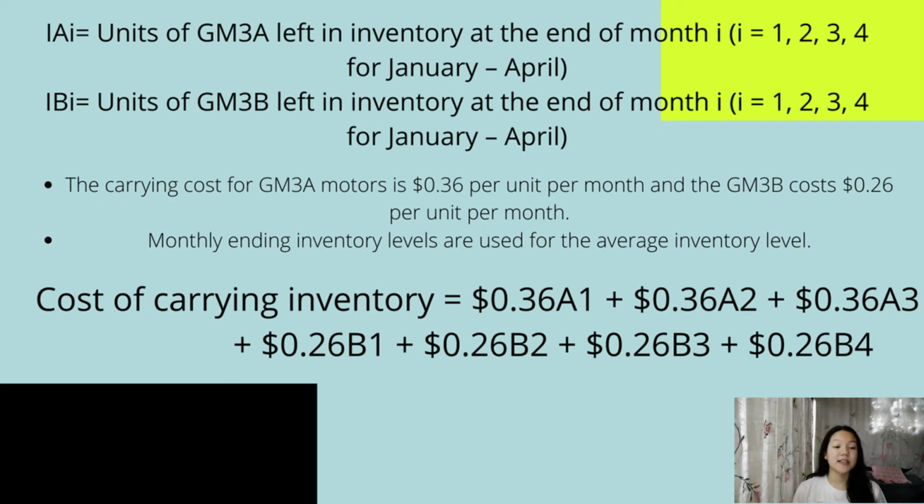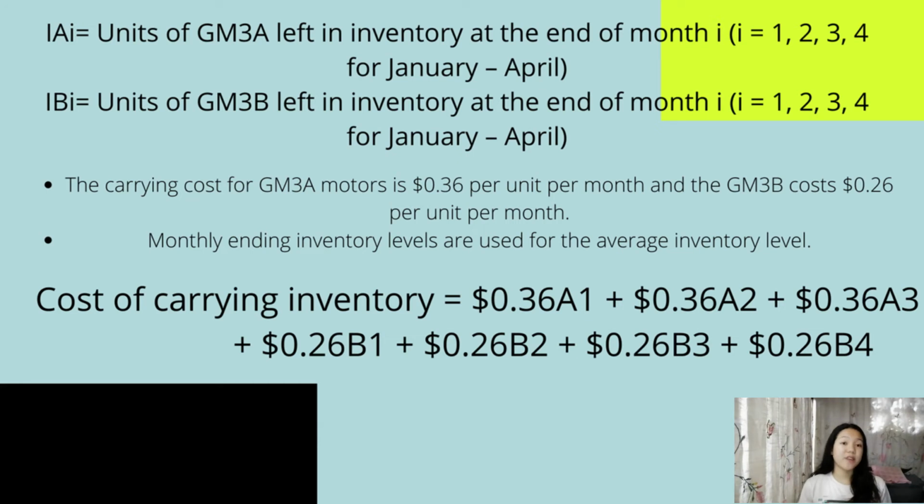And here, what we need to solve next is the inventory. Let's get the equation or function. So here is the variable, I sub A sub i, which means the units of GM3A left in inventory at the end of the month. And I sub B sub i is also the second, representing the second model of motor.